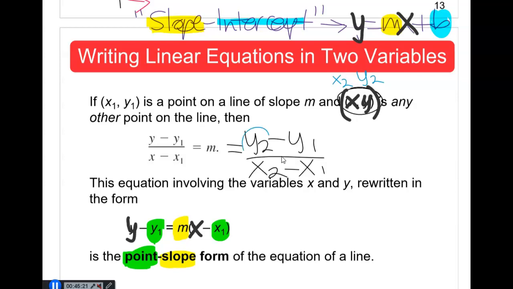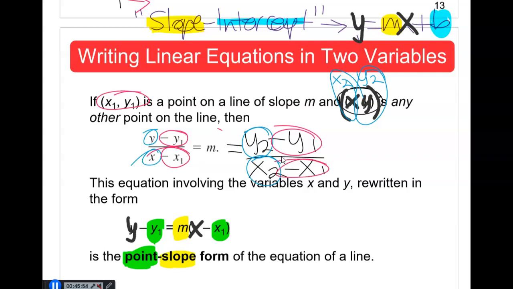So if we substitute those into the formula, it will be y sub 2. So I'm just going to place y, and then minus y sub 1, which we just have. It's just like that point. And then the denominator will have, instead of x sub 2, we're calling it x. So it's here. And then minus x sub 1. And here's our x sub 1.